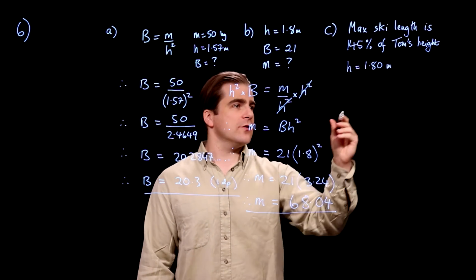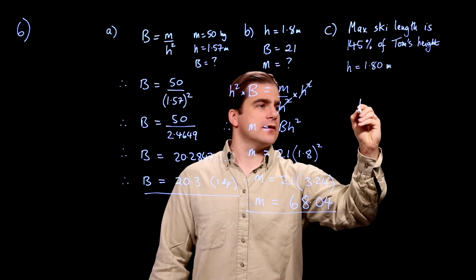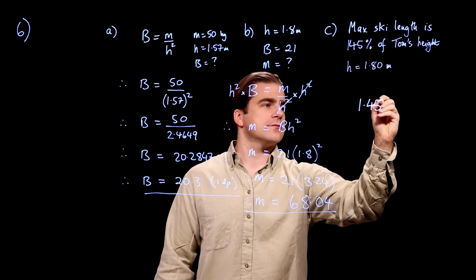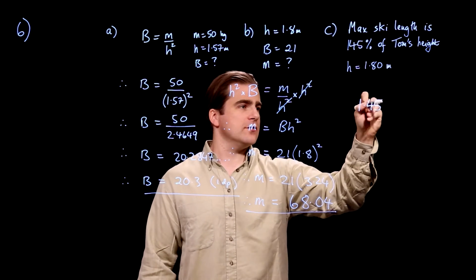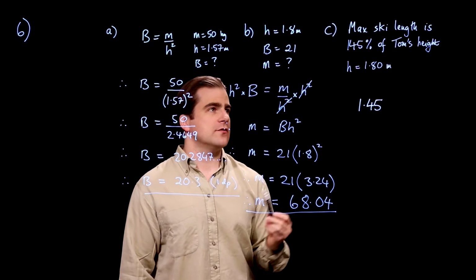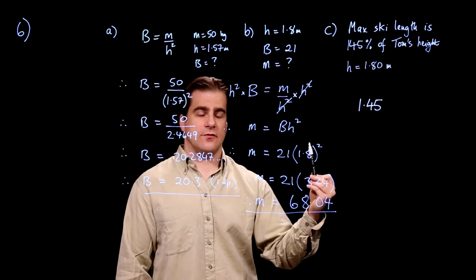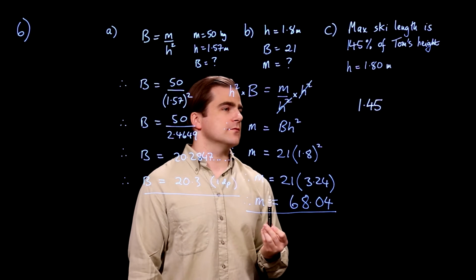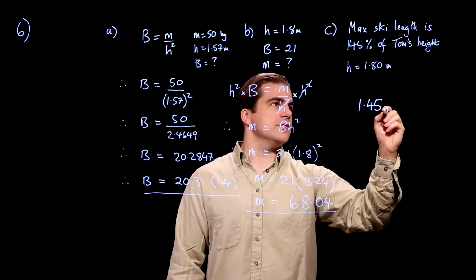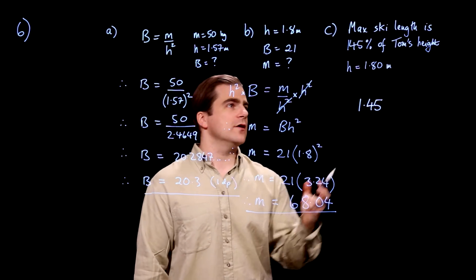Okay, 145% is 1.45. You take the percentage value and add that to 1 to increase something by 45%. So we're going to multiply Tom's height by 1.45.